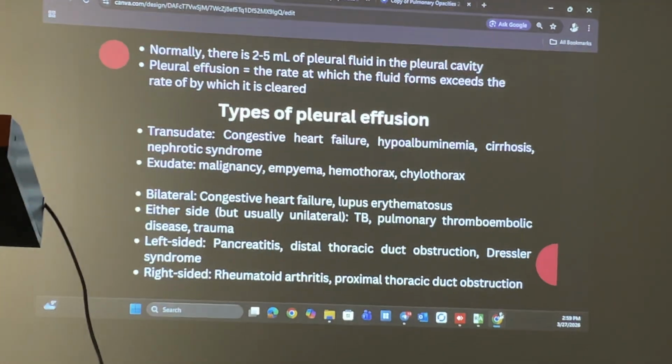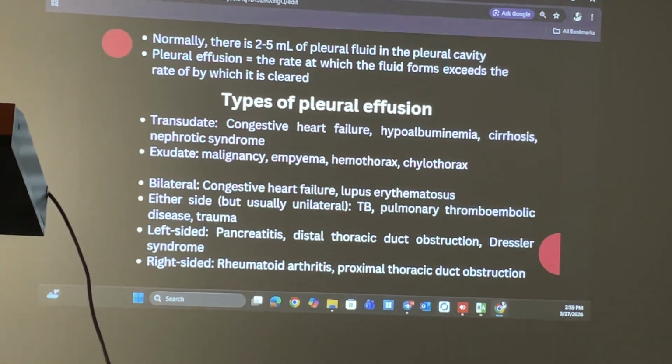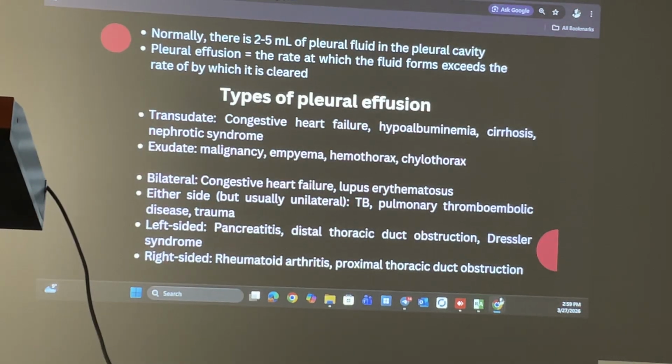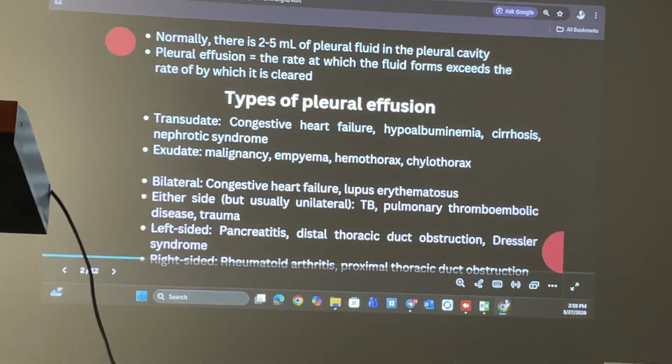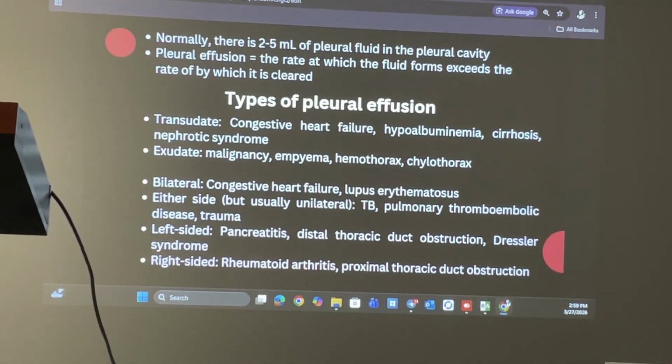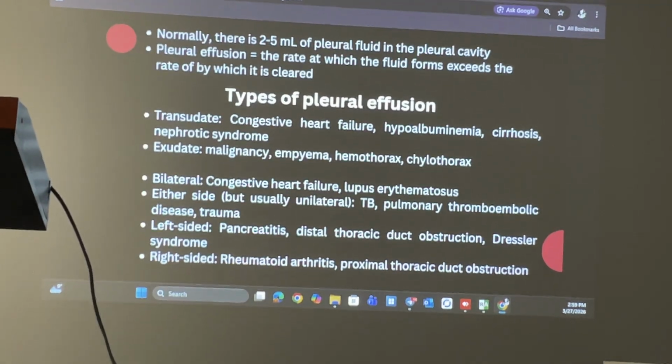Pleural effusions are divided into transudates or exudates depending on their protein content and their lactate dehydrogenase concentration.